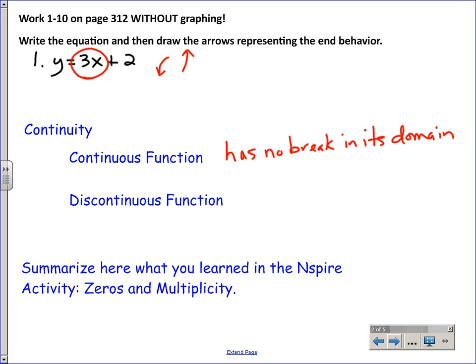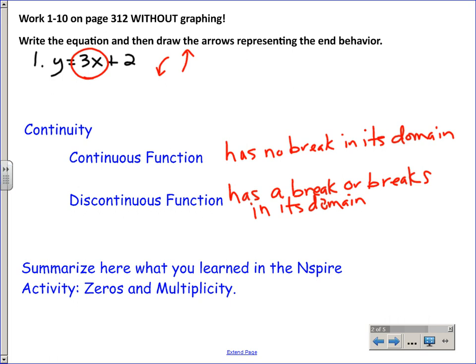A discontinuous function obviously has a break or breaks, could be more than one, in its domain. And we will deal with those type of functions later. And so we'll talk about what those would look like at another time.